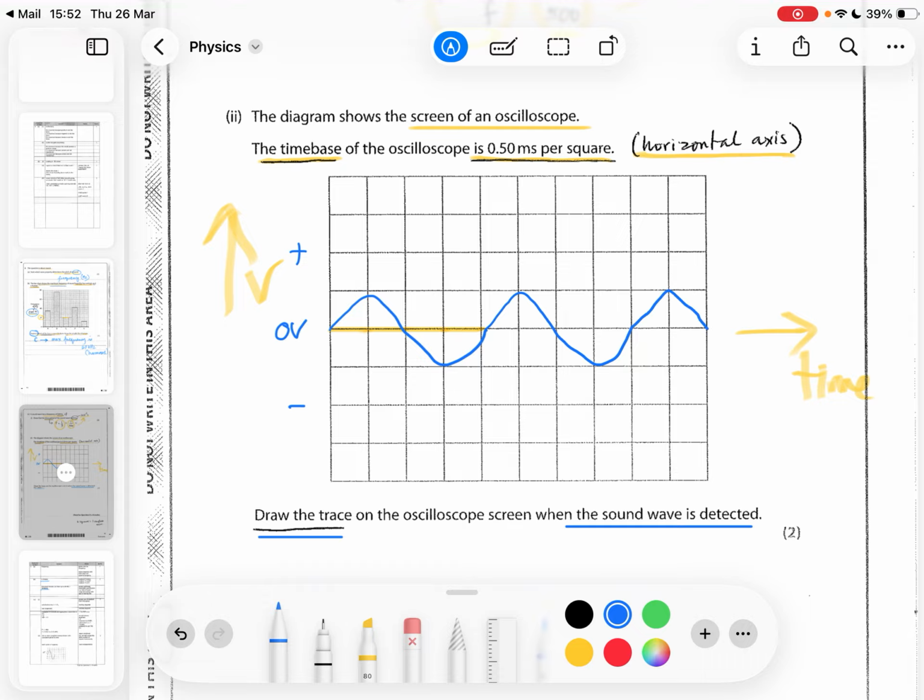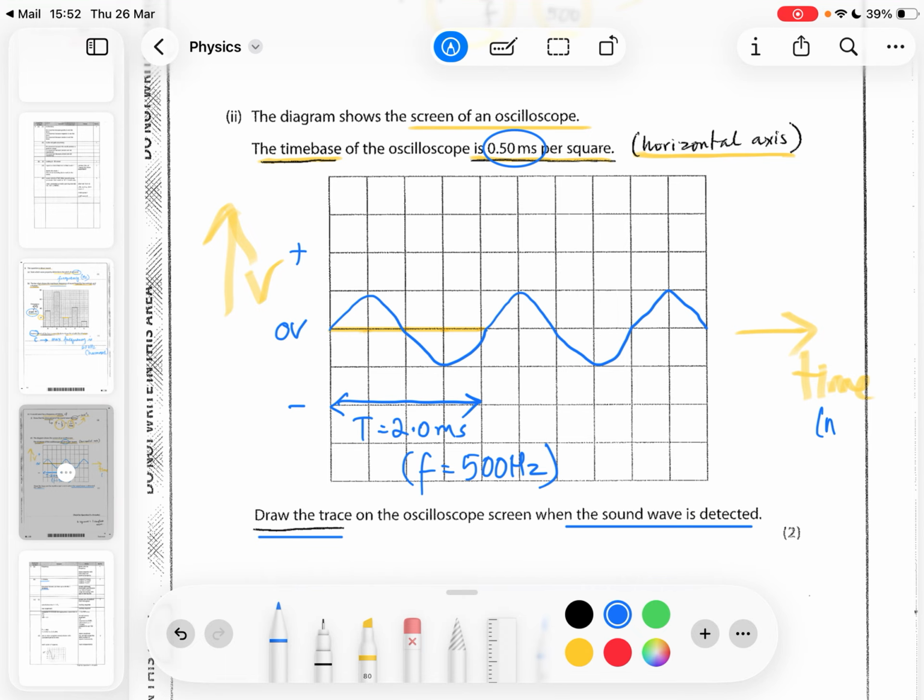I haven't drawn it very well, it should be smoother than that. So here we had 4 squares, each square is 0.5 milliseconds. So from here to here is 2.0 milliseconds, and that's the period that we calculated for a frequency of 500 hertz. And that's how you can use oscilloscopes to determine the frequency from the period.